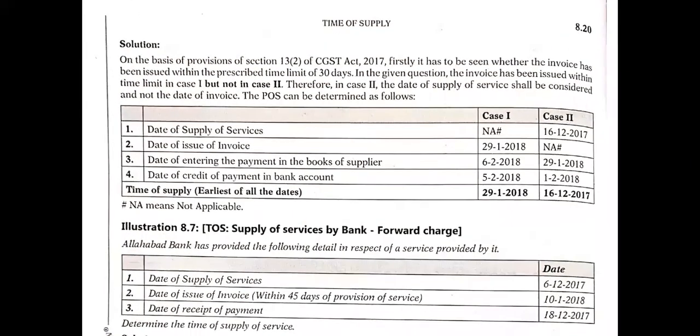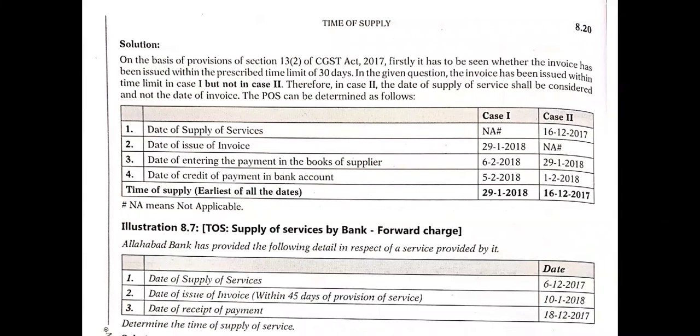And the date of issue of invoice is 29/1/2018 in one case, and in the second case it is not applicable again. So the date entered in the books of supplier: if you compare in the books of supplier, the dates are 6/2/2018 and 29/1/2018. So the time of supply is whichever is earlier.